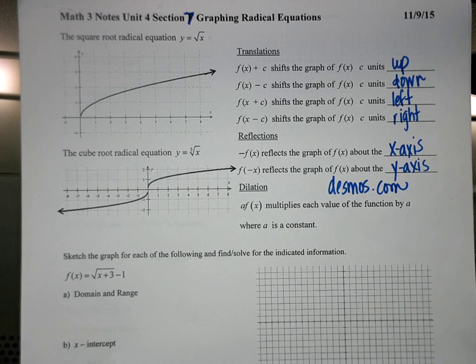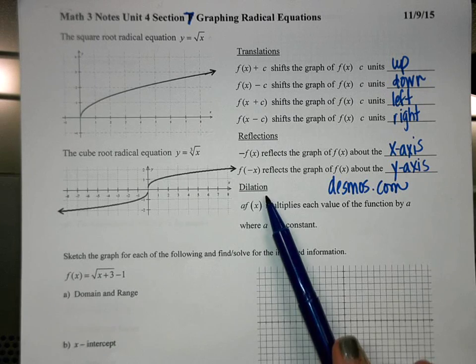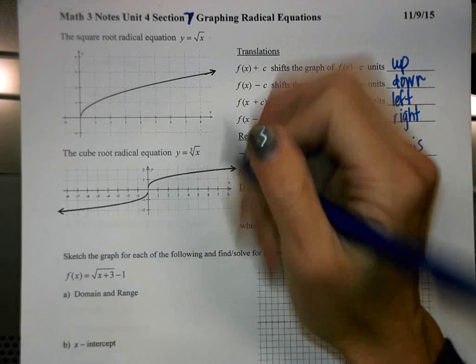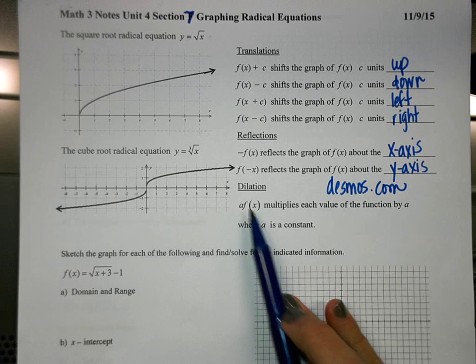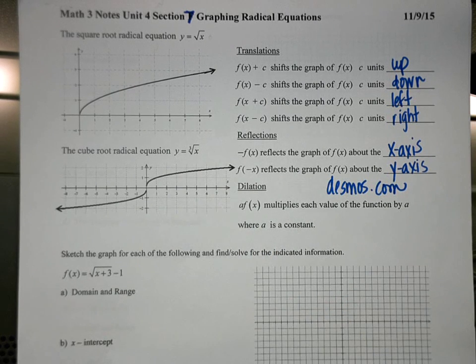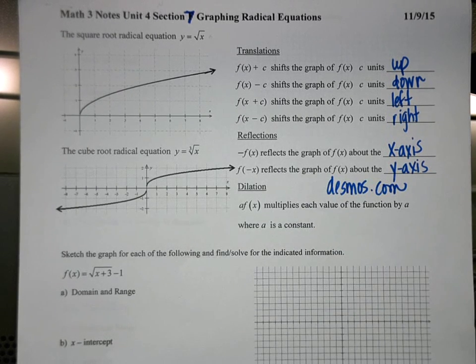I don't know if we're doing much of dilation, well, a little bit of dilations today, but if you're having a dilation, I'm sorry, I think there's a typo here, but I think it's supposed to be a f of x multiplies each value of the function by a, where a is a constant. So if you have a number in front, it makes it bigger.